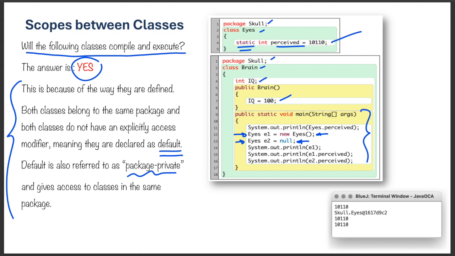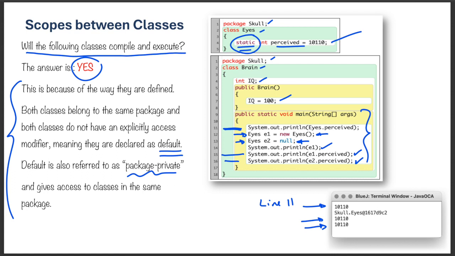Then it does System.out.print e1, and then System.out.print e1.perceived, and then System.out.print e2.perceived. And because perceived, again, is a static class variable, it is accessible up here at line 11 without an object of the Eyes class, and it is accessible at lines 15 and 16, where it is attached to an object of the Eyes class.